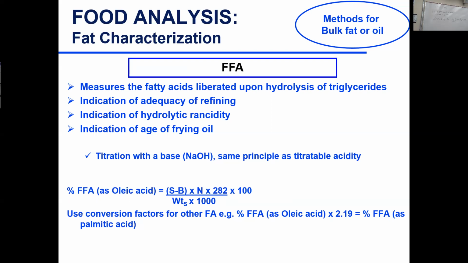Then you use the weight of the sample, and then you multiply by 100 because it is a percentage. Sometimes when you calculate it using oleic acid, you can convert it to other acids. If you want to look at palm oil, palmitic acid would be the most common, then you can just use a conversion factor, or use the molecular weight of palmitic acid.